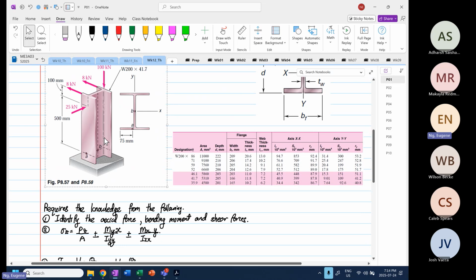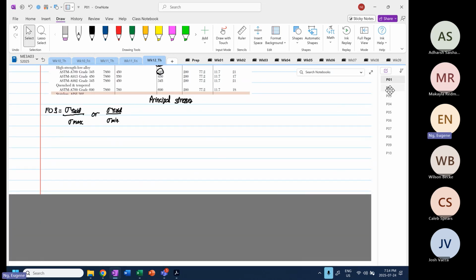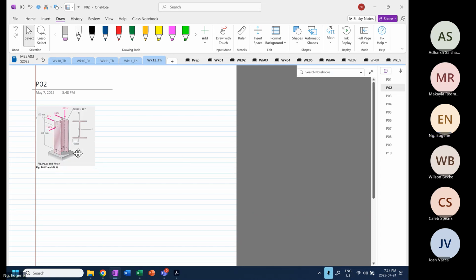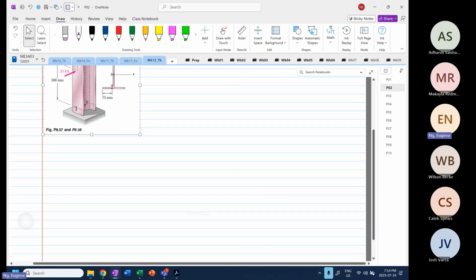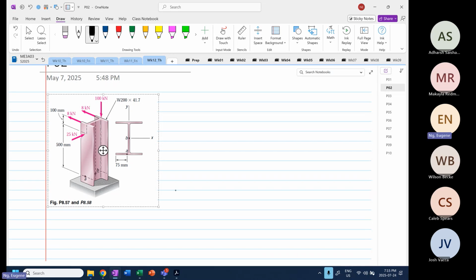So what we are going to do now, I'm going to take this problem over here, and like before, we draw our transformation in 3D. So we know that this is X, this is Y, and this is our Z.